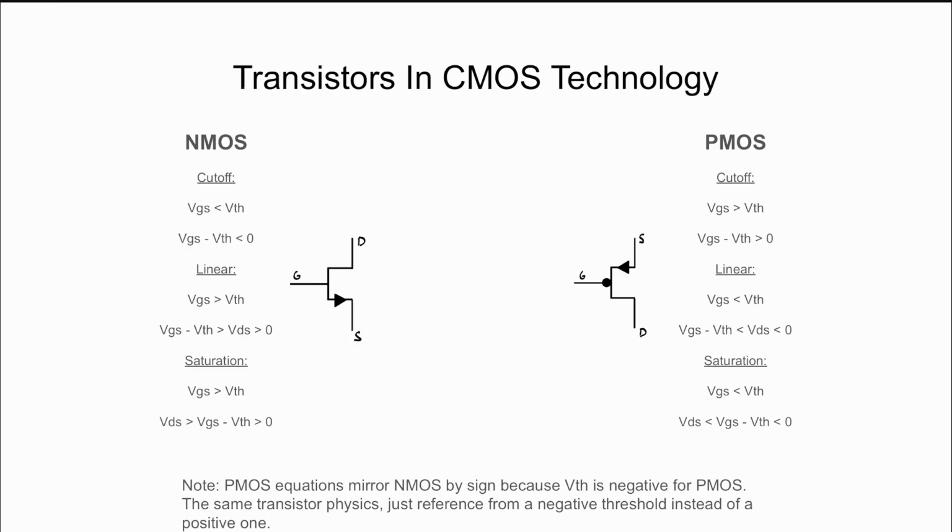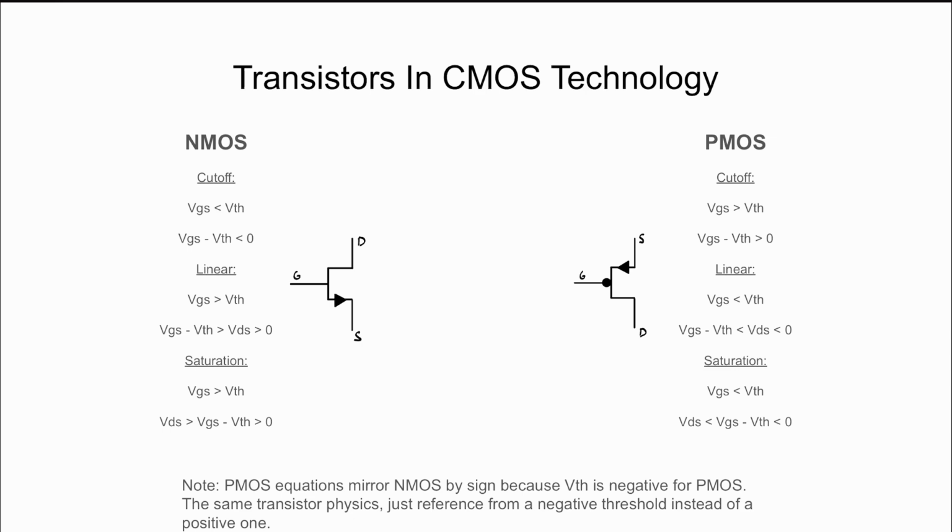So here's the why. PMOS conducts using holes instead of electrons as the majority carrier, and that's what makes its threshold voltage negative rather than being positive. So VTH, or your threshold voltage, being negative for PMOS is the direct cause of every inequality having those signs flipped.